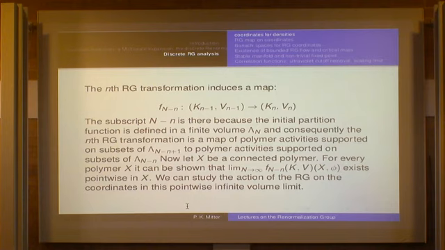The nth RG transformation uses a map which goes from K_{n-1} to K_n. Now the subscript N minus n, I put it in the map because it's not an autonomous map. It depends on what n is. But the whole idea is we're going to take limits, at least as far as this talk is concerned, it's called the formal infinite volume limit, that if you fix a polymer activity to be polymer X, then this limit exists.